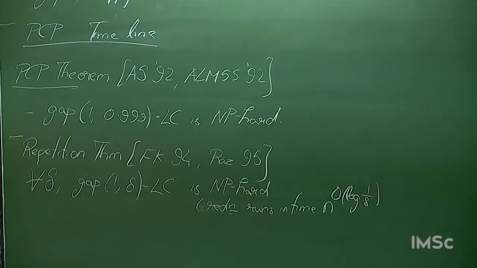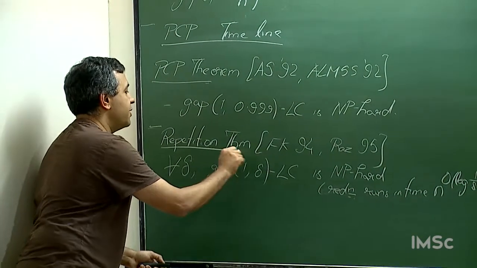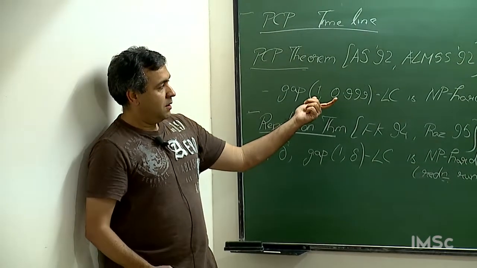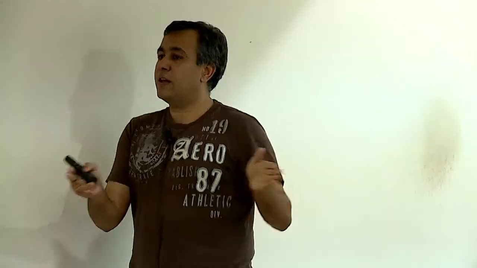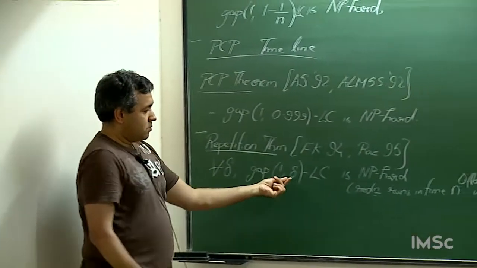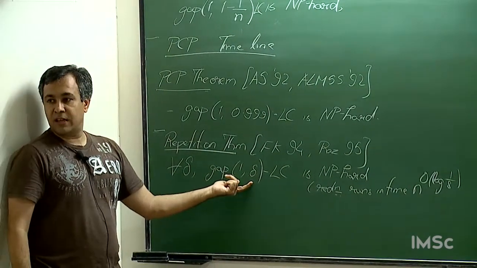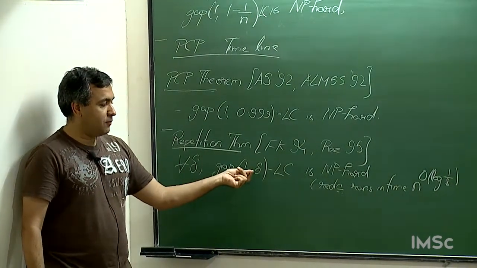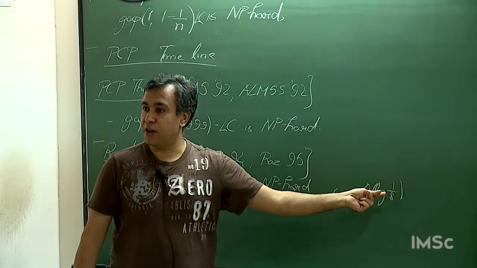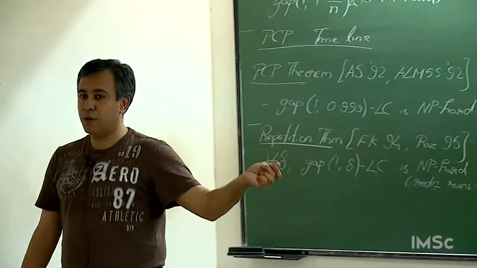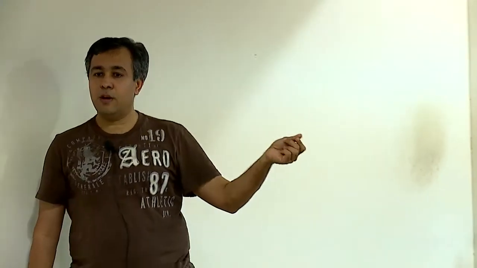So the repetition theorem basically gave us this, that you could blow up this gap. The PCP theorem said there's a small constant gap; you can make the gap as large as possible, basically all the way up to 1, for every constant delta. And notice you can only do this for constant delta because the reduction runs in time n to the order log 1 over delta. You can't make delta super constant if you want polynomial time reductions.